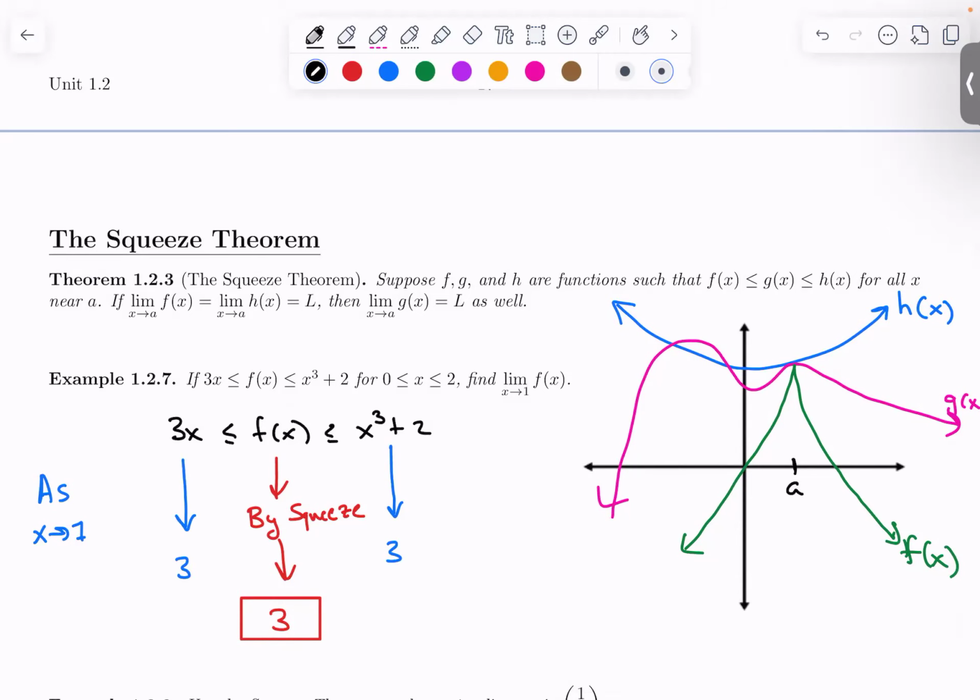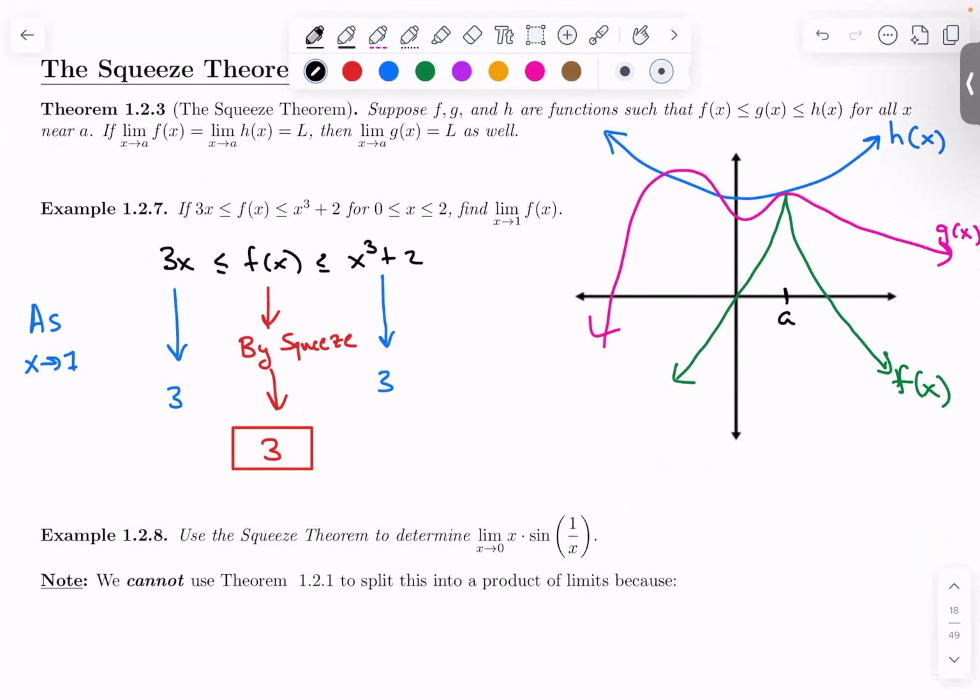the squeeze theorem. Once again, if one function is sandwiched between two other functions, and the outer two functions have the same limit, then by necessity, so does the middle function. That's kind of what the squeeze theorem does.